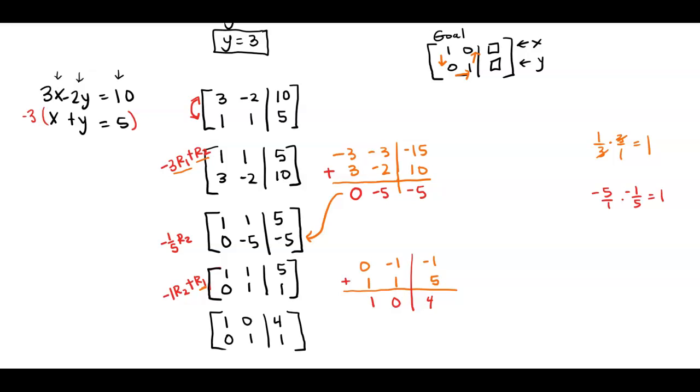Can we do that step one more time? Yeah. I'm confused. Yeah. So I'm taking a -1 and I'm multiplying it by row 2. So I'm taking this row 2 here. So if I do -1 times 0, that gives me 0. And then -1 times 1 gives me a -1.